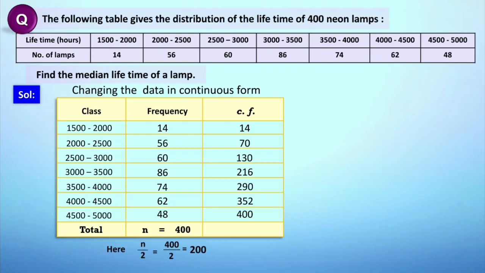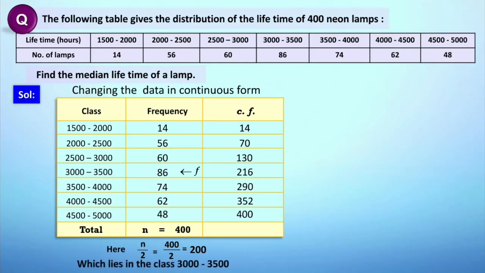Now, we will be looking for the value in the cumulative frequency which is greater than or equal to 200. As we can see, the value in the cumulative frequency column, that is 216, is greater than 200, and the corresponding class interval is considered as the median class. From there, the median class that we consider is 3000 to 3500.